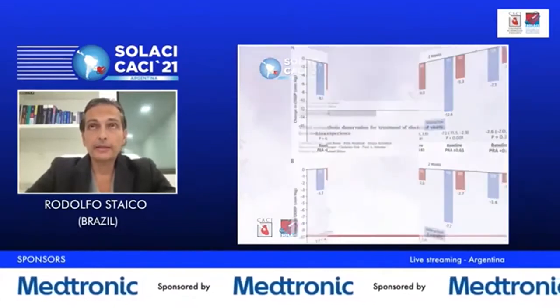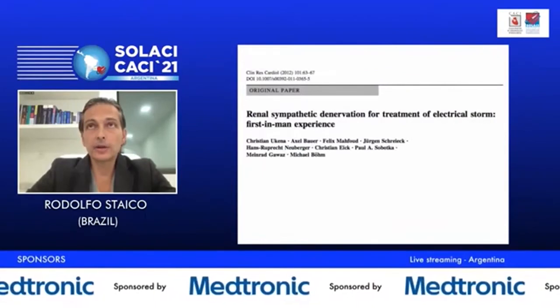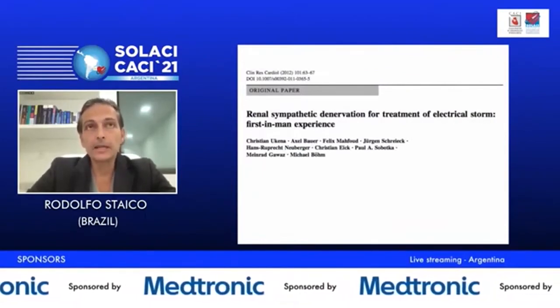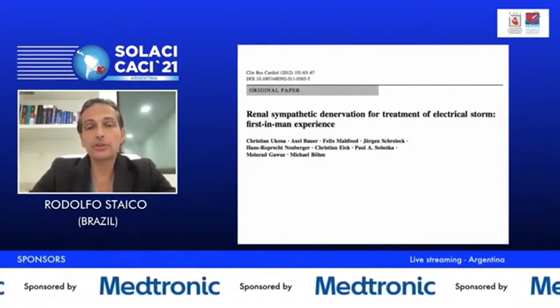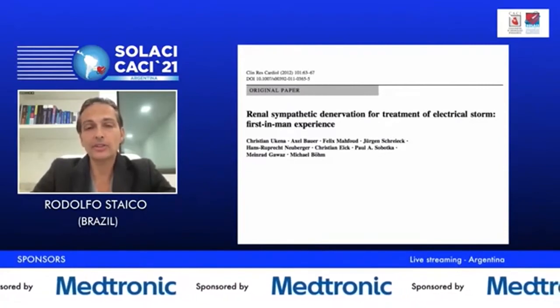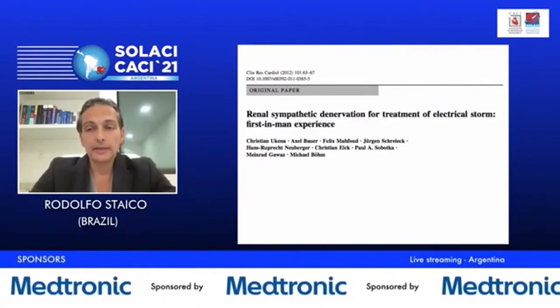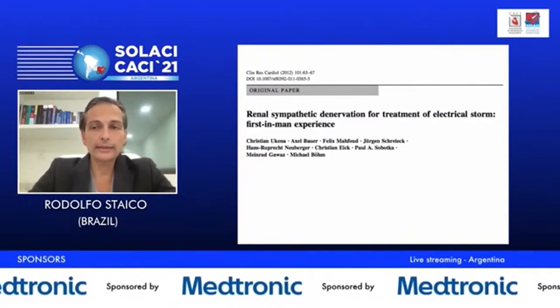Essa observação precoce da redução em 2 semanas não me trouxe surpresa quando eu li esse artigo, porque no cenário de denervação renal para hipertensão, a gente já vivencia isso. Os pacientes, após o procedimento, devem ir para a unidade de terapia intensiva, ficar sob observação restrita, porque a pressão, no mesmo dia, já tem uma queda acentuada.